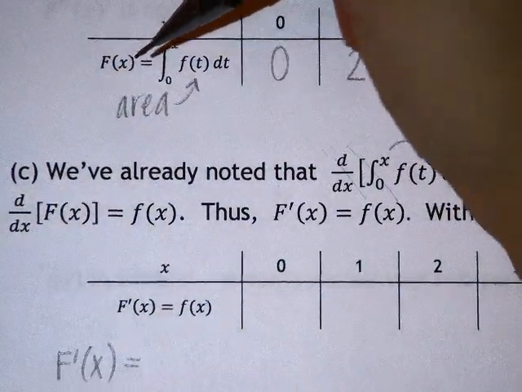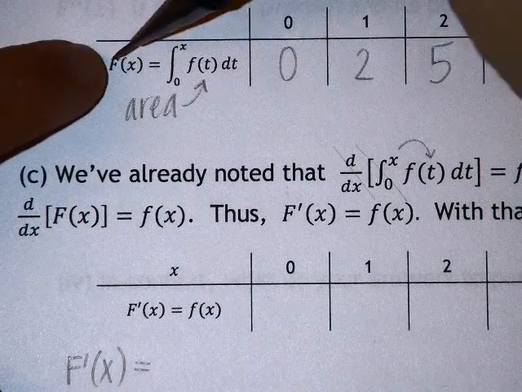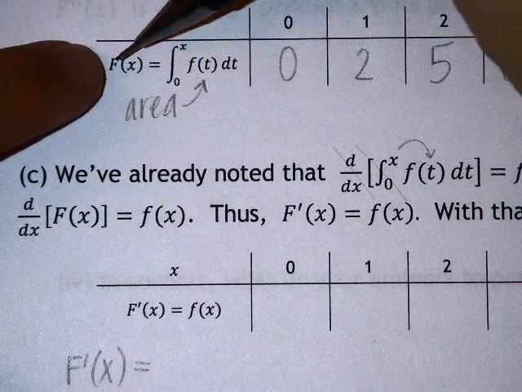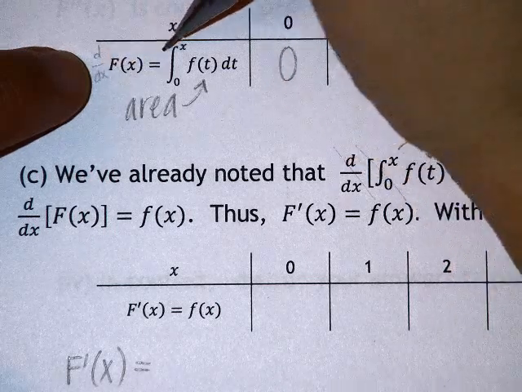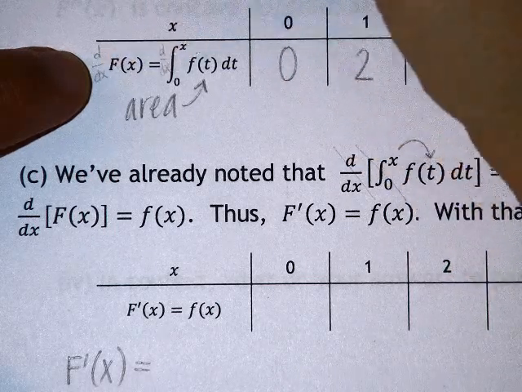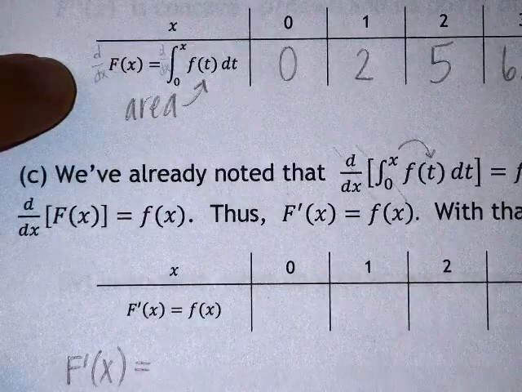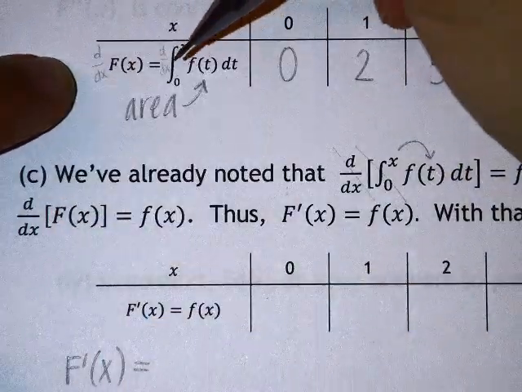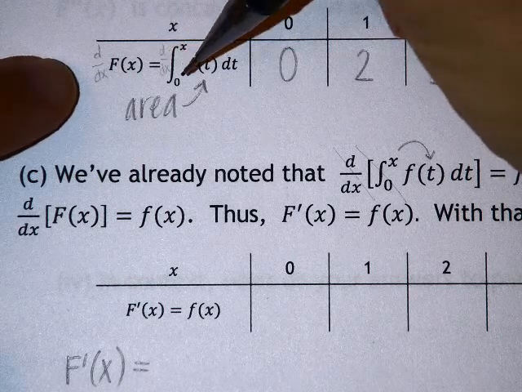Big F prime refers to the derivative of big F, but big F was an area problem. So the derivative of big F is the derivative of this area problem. And that's why the fundamental theorem comes in, because the derivative of an area doesn't really make that much sense in context, but the derivative of an integral does.